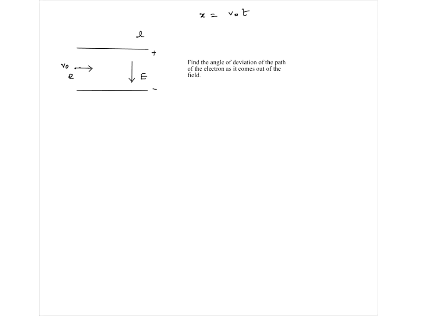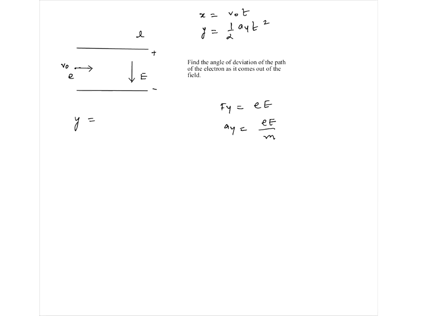In the y direction there is a force. y equals u t plus half a t square. u is 0, I mean the initial velocity in the y direction has no component. Half a_y t square. Force in the y direction is QE, so acceleration in the y direction is QE by m.